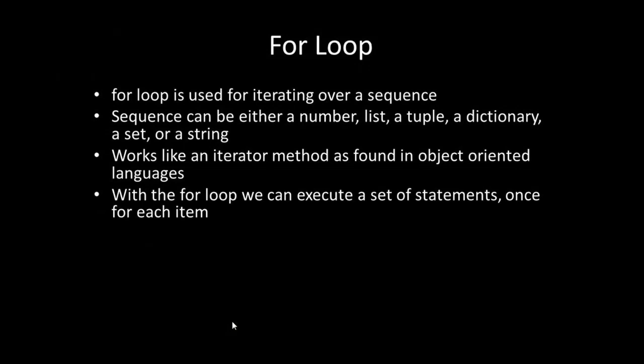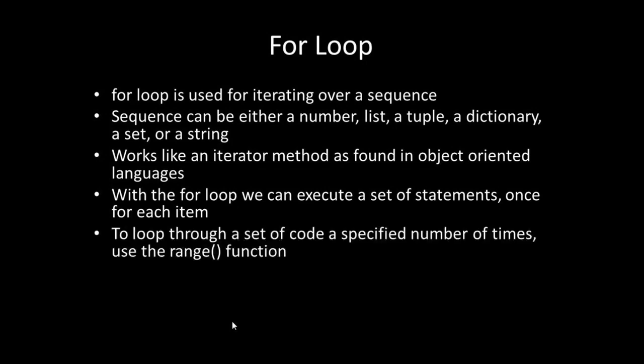So what happens in a for loop? Again, you can execute a set of statements till your loop is over. So for every iteration of the loop, the statements get executed. So to loop through a set of code a specified number of times, we have to use the range function.